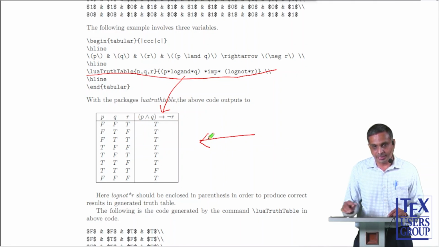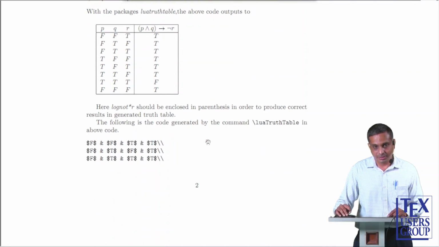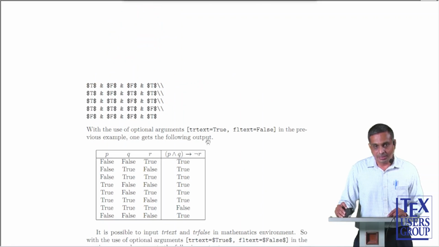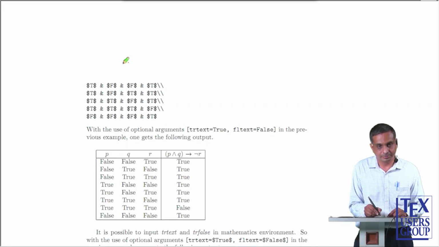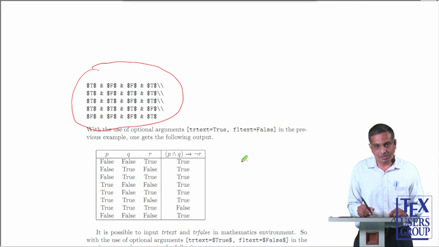The code generated by this command is, this entire code is generated by this command /luatruthtable. As we have seen before, it is possible to assign different values to true and false by using the optional arguments TR text and FL text.